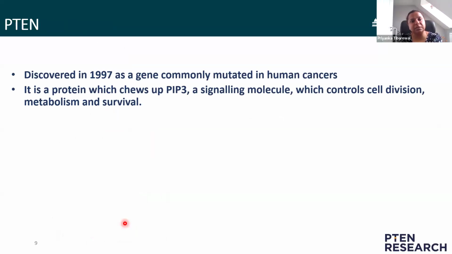So I'll now talk a little bit about PTEN. PTEN was actually discovered as a cancer-causing gene in 1997. During the 90s, when DNA sequencing technology became very common, clinicians and researchers had these huge tissue banks of patient biopsies.